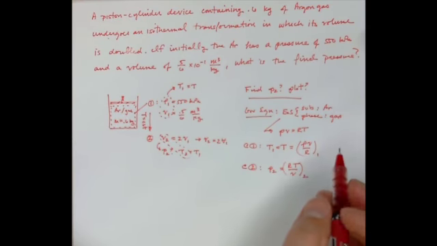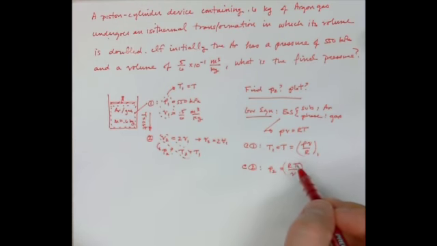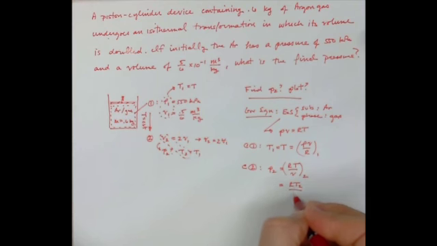What we know in this case is that T1 and T2 are the same number. They're simply T. So we could write this down as RT2 on V2, where in fact this is just T1 and V2 is just 2 times V1.